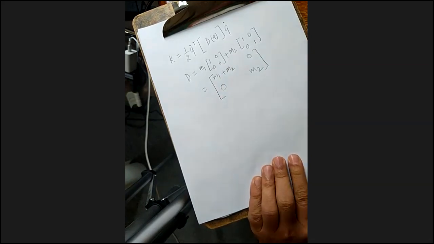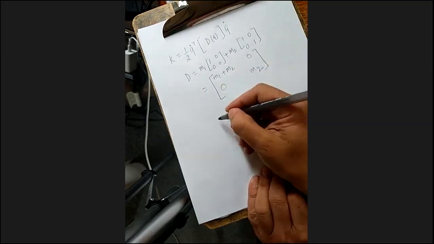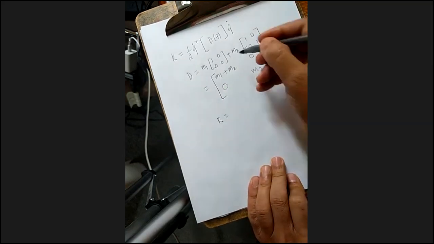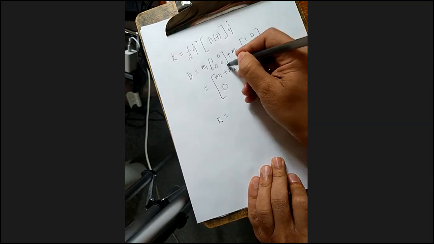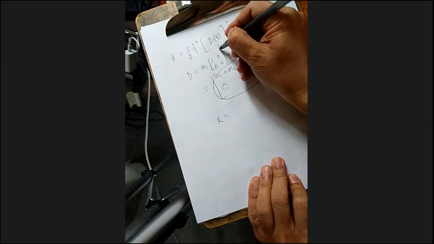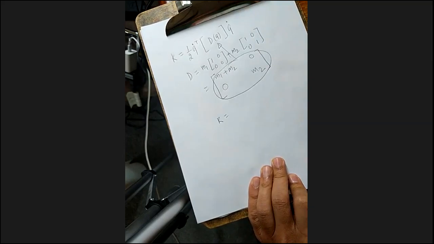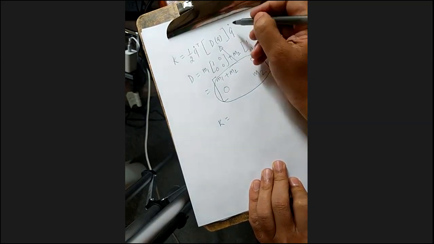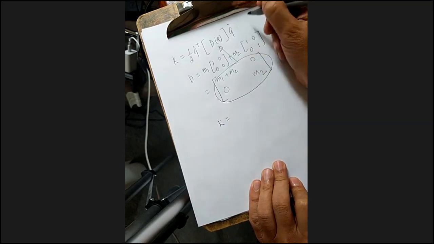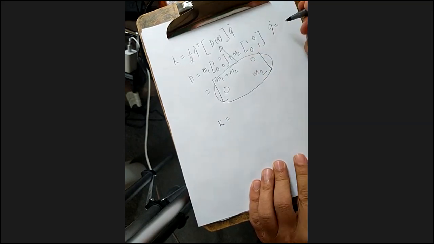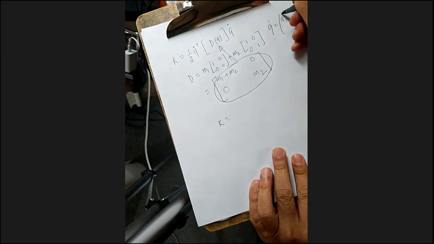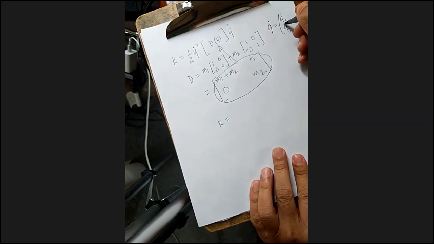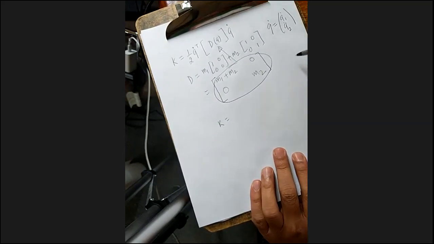Now, if you want to find the kinetic energy, you just multiply that by Q dot. K equals this goes in here, this is my D. Then you have to matrix multiply. Q dot is a matrix; in our case, it was Q1 dot, Q2 dot, because we had this kind of prismatic manipulator.